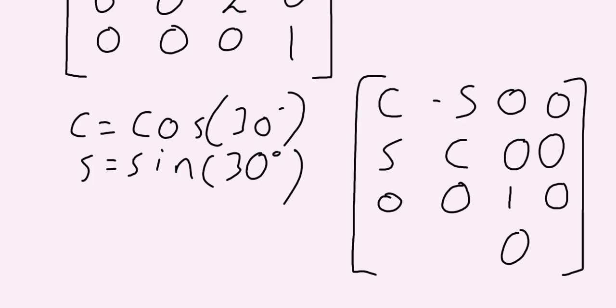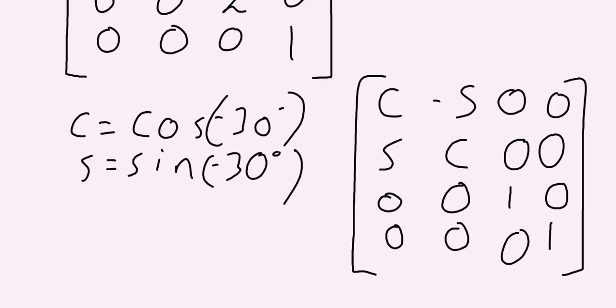That would be a counterclockwise rotation. So actually we'd say C is the cosine of minus 30 degrees since we're going clockwise. But when we're using this in a program, you just figure out which is which by trying. So it'll look like this.